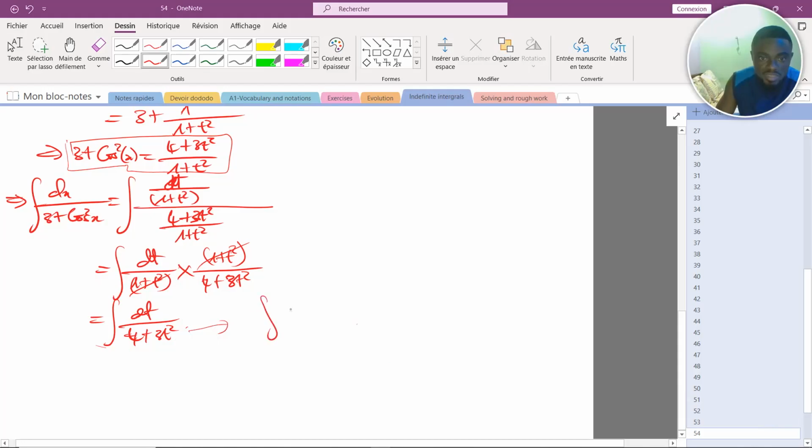This is the same as the integral of dx on a plus bx squared. To integrate this, we know that the substitution will be tan. We first have to write this in the form 1 all over 1 plus something all squared, and from there we let tan theta be equal to all that is inside here. Okay, now let's proceed.